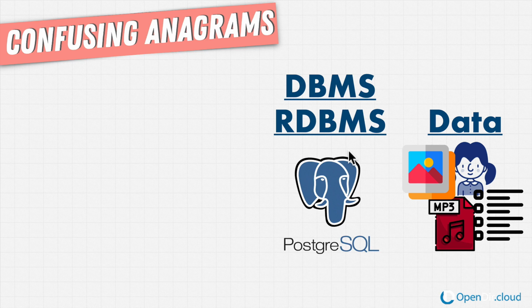And a database like Postgres is what we call a relational database, which is why we use this R at the beginning. Again, something we'll talk about later on in the course, but a relational database is a database that allows us to set up connections among different data records.